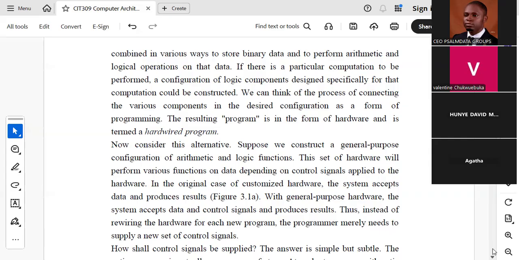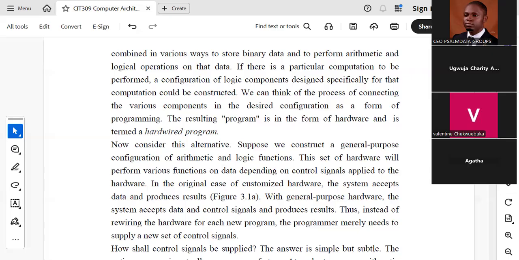Now consider this alternative. Suppose we construct a general-purpose configuration of hardware that will perform various functions on data depending on control signals applied to the hardware. In the original case of customized hardware, the system accepts data and produces results, as in figure 1A.